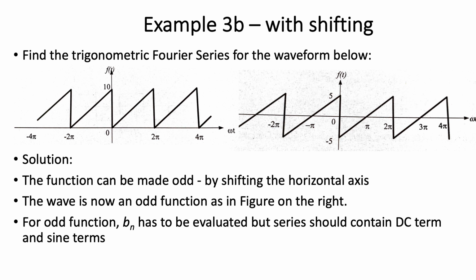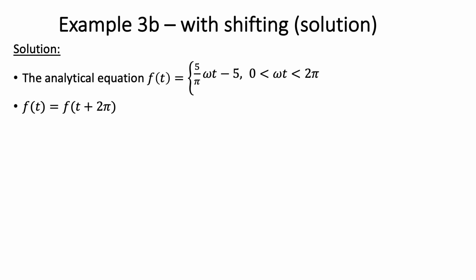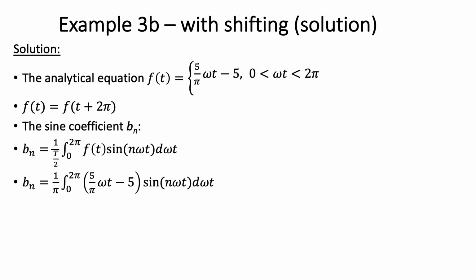For an odd function, b_n has to be evaluated, but the series should contain a DC term and sine terms. Based on the figure, we now have the new analytical equation where f(t) equal 5 over pi omega t minus 5 for omega t from 0 to 2 pi.